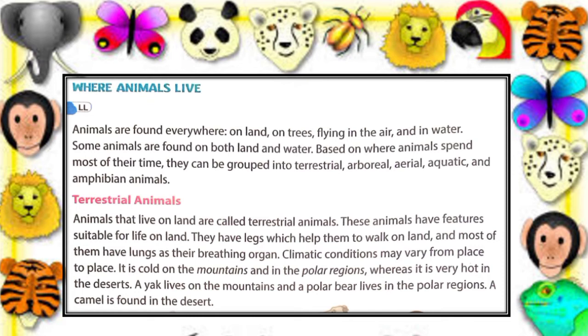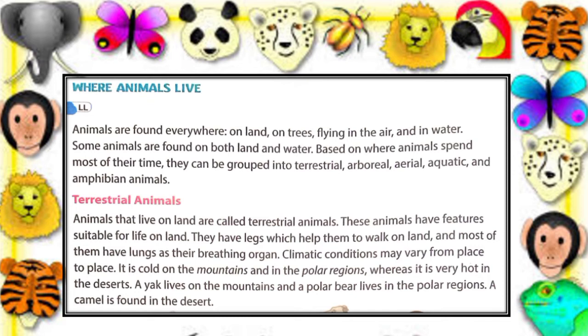Now let's understand about terrestrial animals. So terrestrial habitats are ones that are found on land like forests, grasslands, deserts, mountains, and terrestrial habitats also include man-made habitats like farms, cities, and towns.